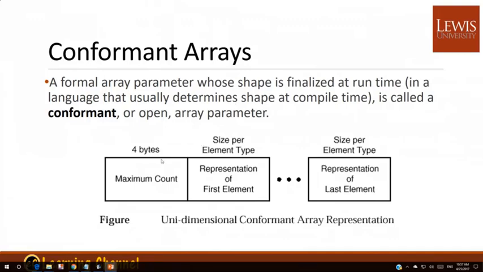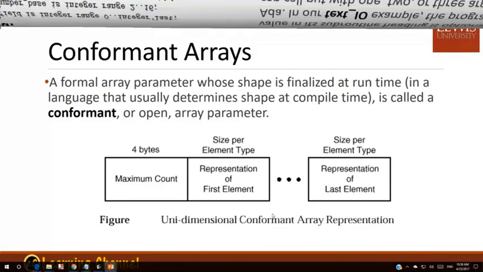It may be defined somewhere in your function, where you actually assign it an array of 5 elements or something. So that size is not determined, and we call it a conformant array. The shape needs to be defined at runtime. Here is one example.